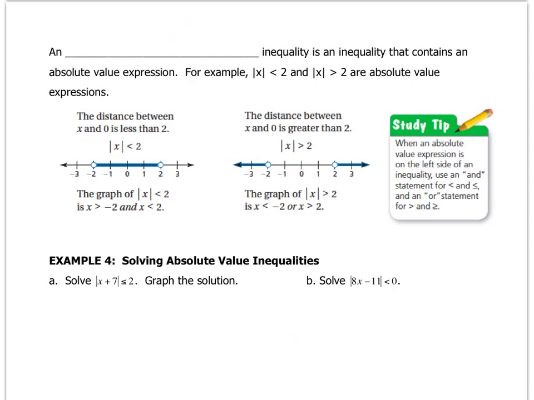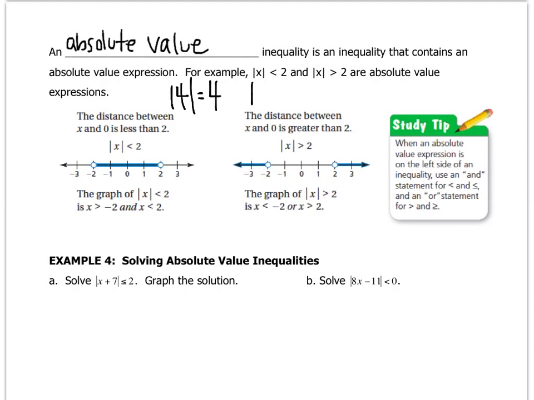There's one other type of compound inequality, and it's called an absolute value inequality. And it's an inequality, obviously, that has an absolute value. So this is probably one of the most basic ones. We're going to deal with more complex ones. But remember absolute value, the absolute value of, let's say, 4 is 4.